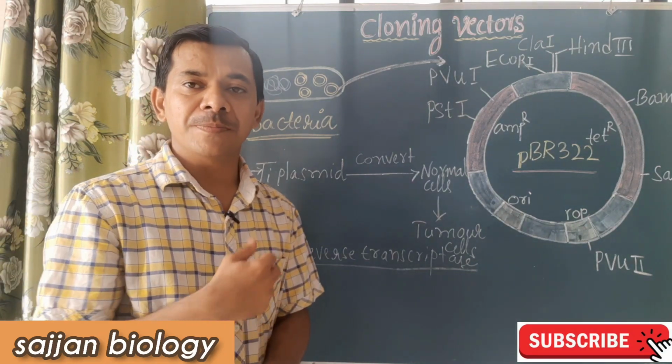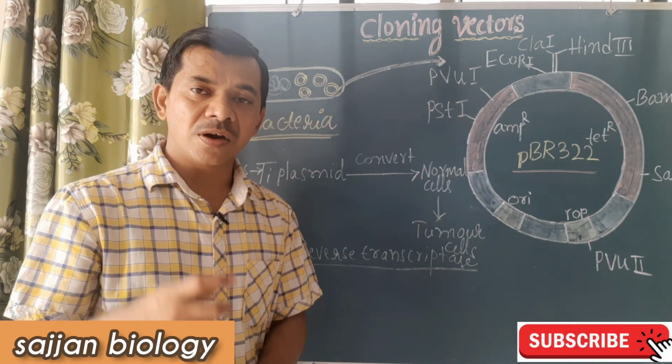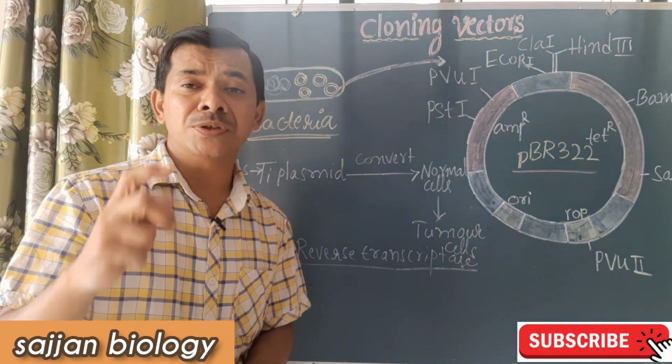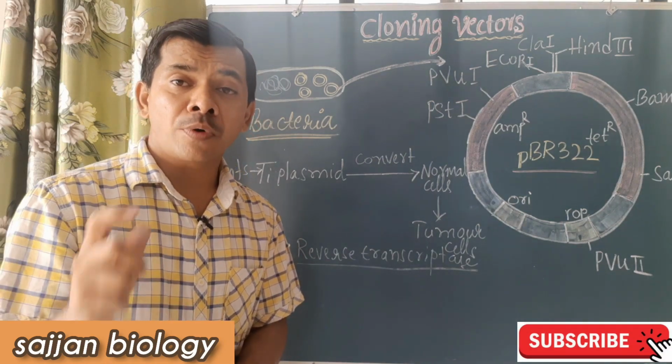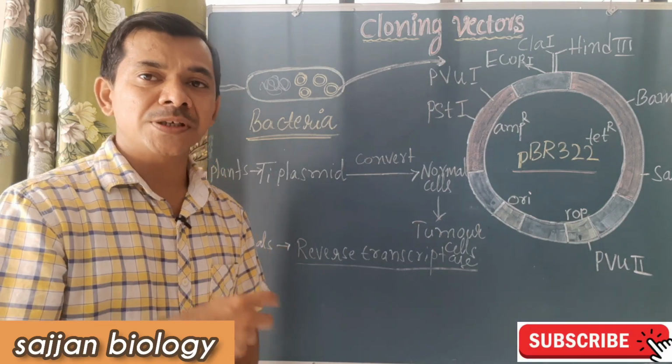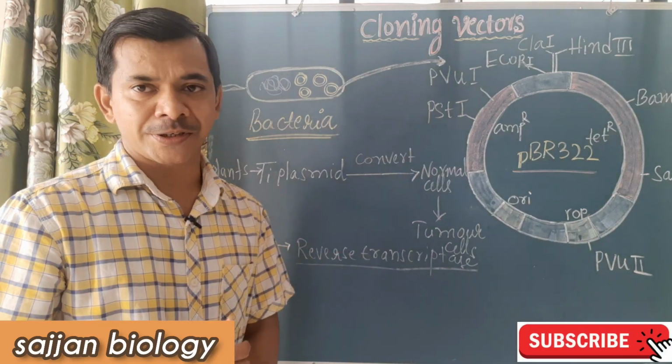The best example, as we have already studied in RNA interference, is how these Agrobacterium tumefaciens plasmids provide protection to the plants. So we have manipulated the plasmids in order to provide protection to the plants.